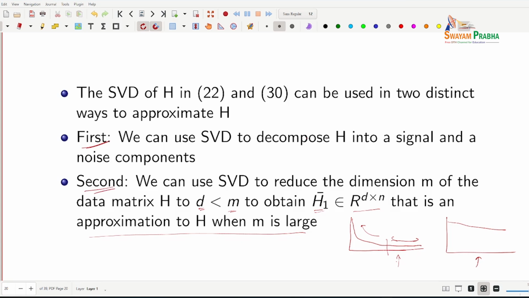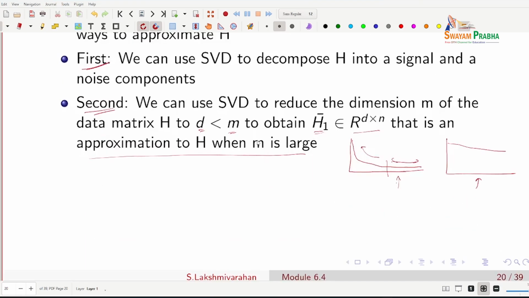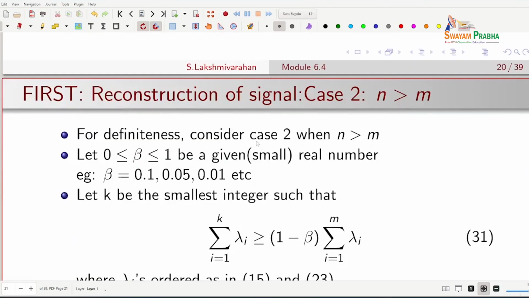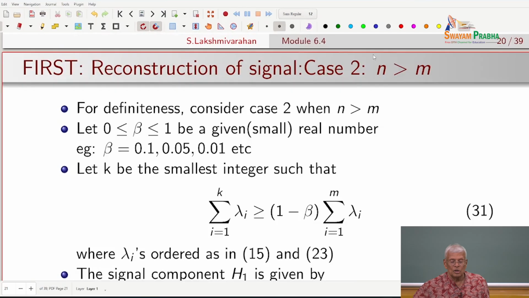Second, subsequently the representation of signal using a smaller dimensional representation than the high dimensional representation of the original signal. It is this twin advantage that is the basis for doing sample based analysis. So, reconstruction of the signal.